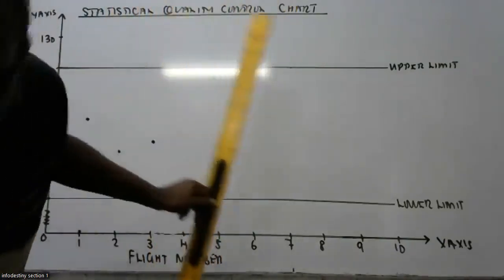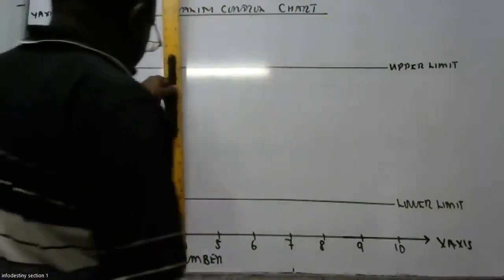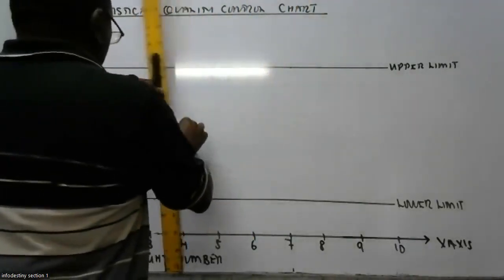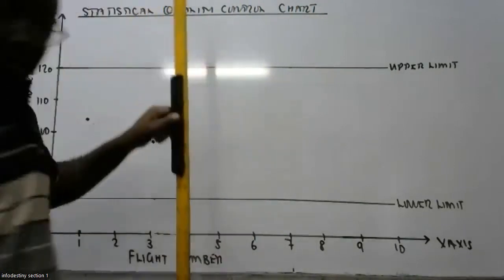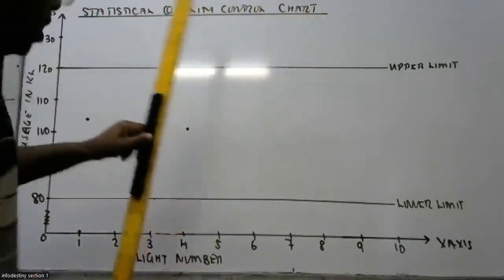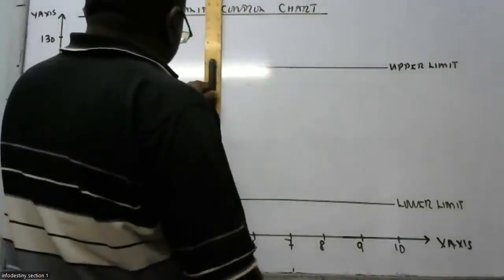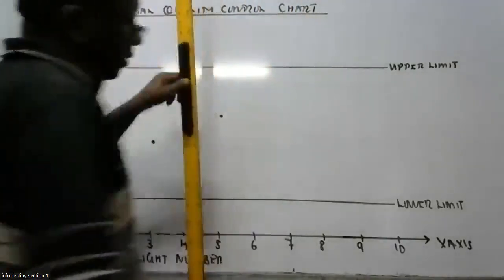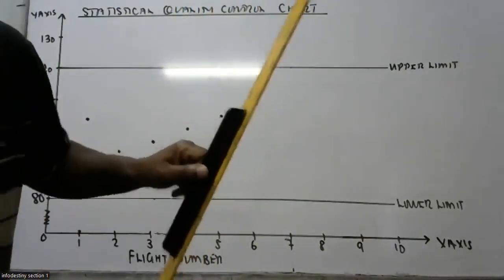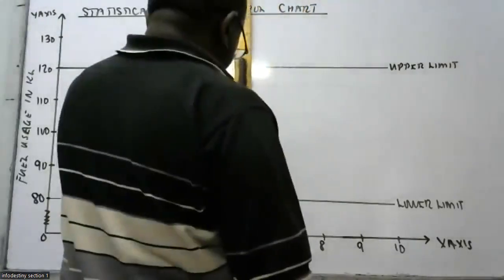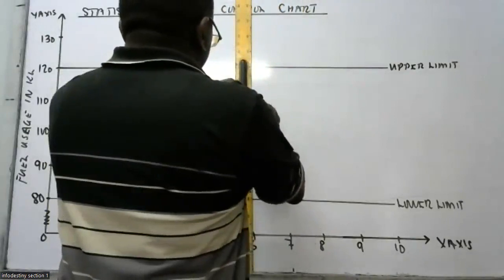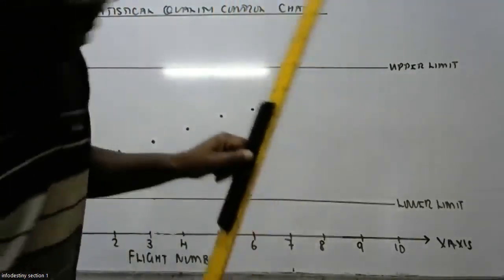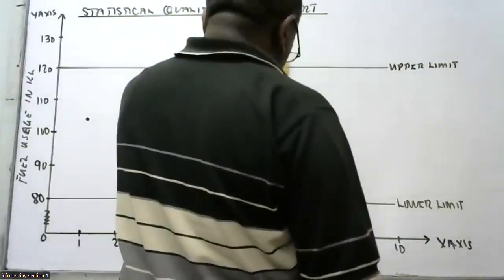The next one is 101. The next one is 105. The next one is 107. The next one is 111.